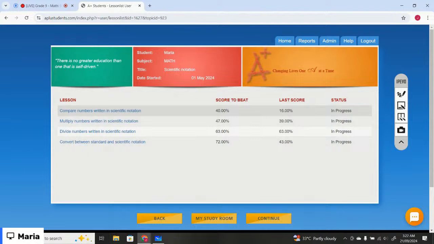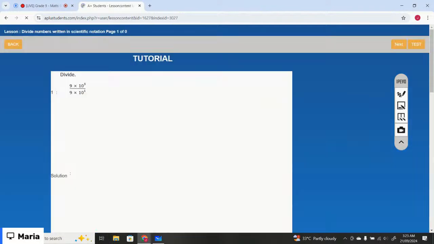So let's just start with the next lesson. Okay, let's just start with the first example.